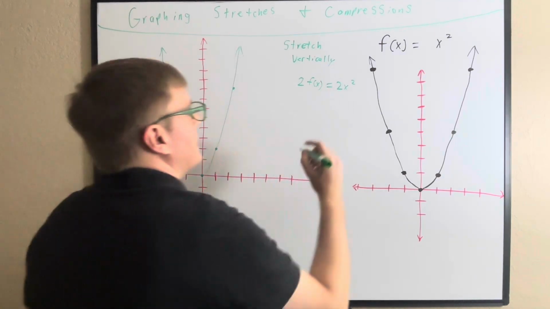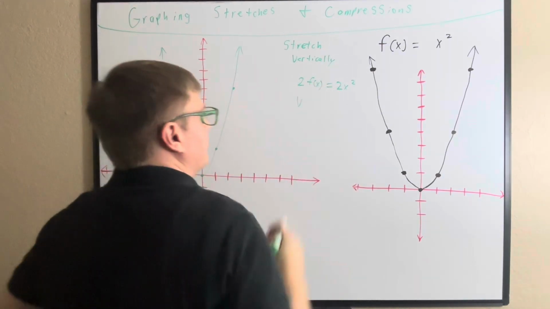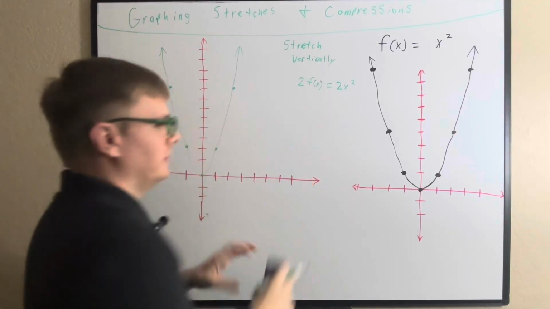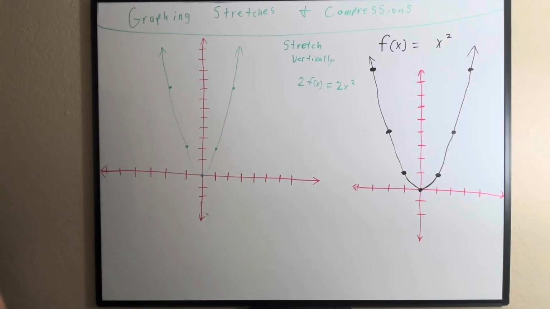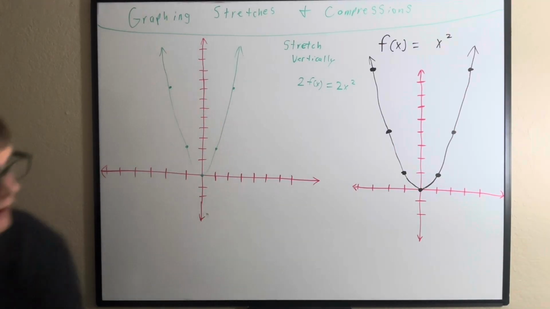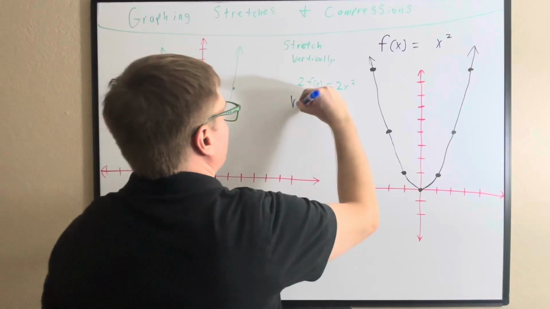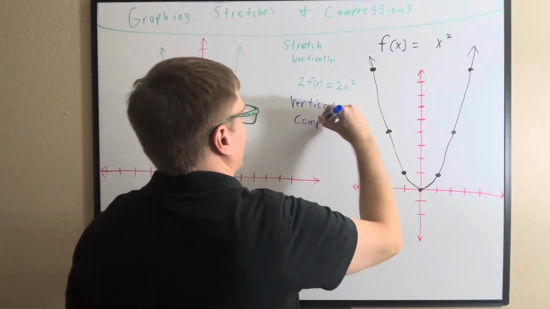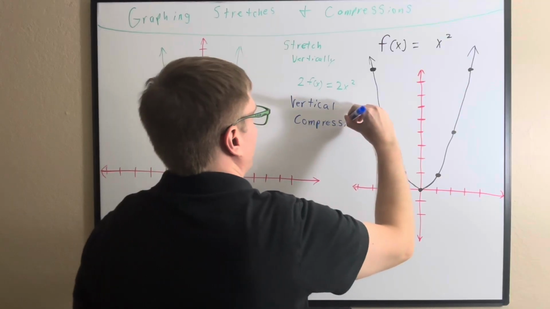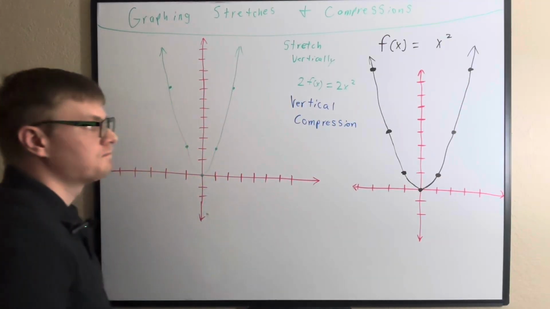Now, what about a vertical compression? Hold on, let me use a different color marker here. How do we do that?